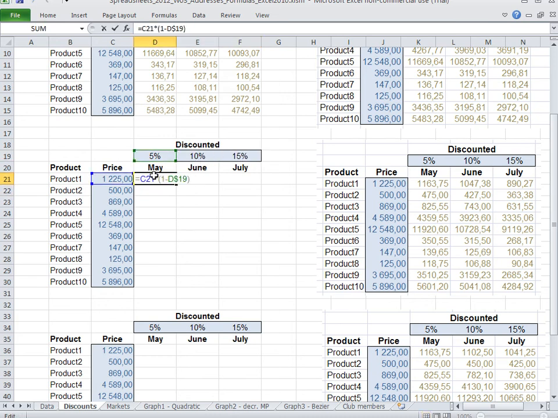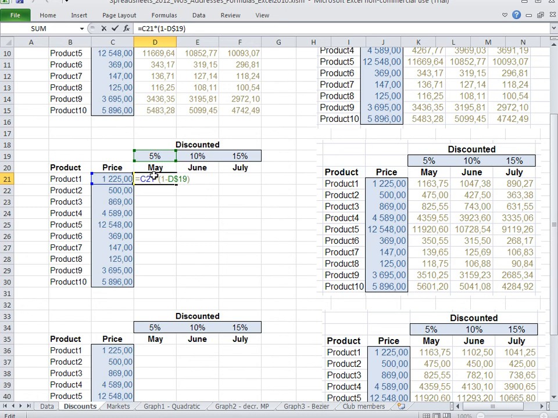That's something that's called, the blue cell that always moves is called a relative address. Of course, the terms are not important, but just to put them forth, this is called a relative address because it moves up and down, left and right.